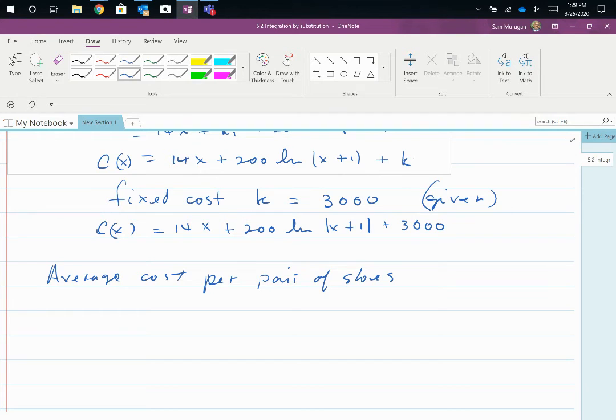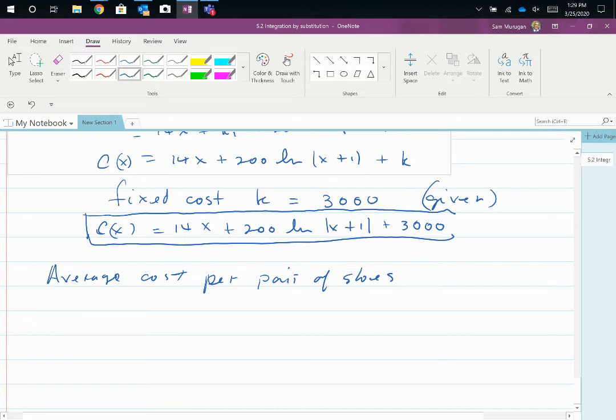Let's go back and look at it. By the way, this is the first answer, the cost function. And then we're dealing with the average cost of a pair of shoes of 1,000, if 1,000 are produced.